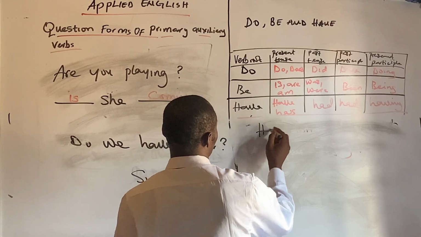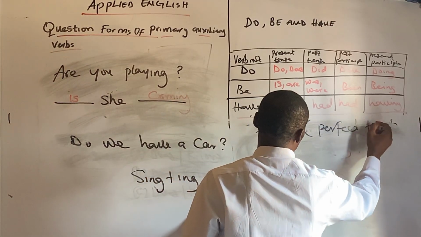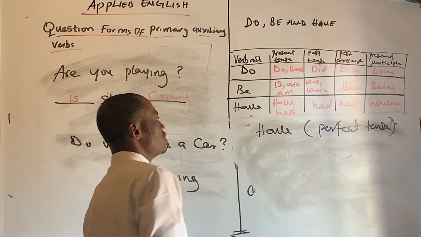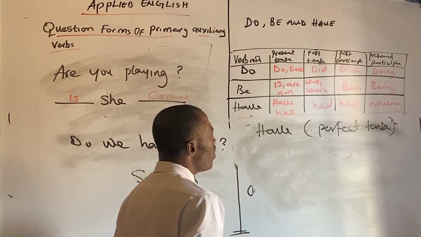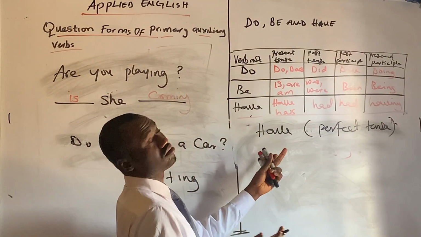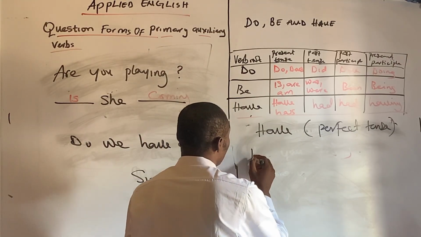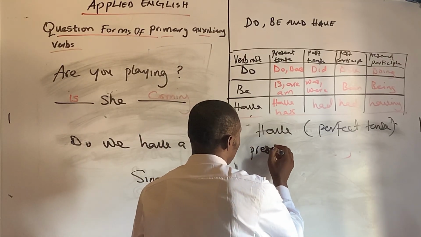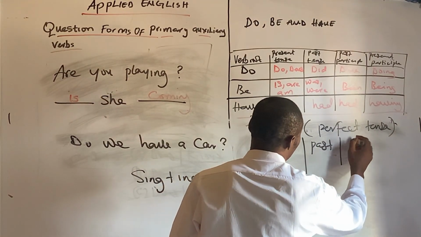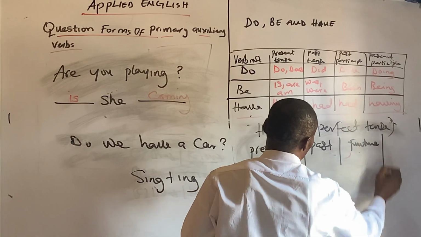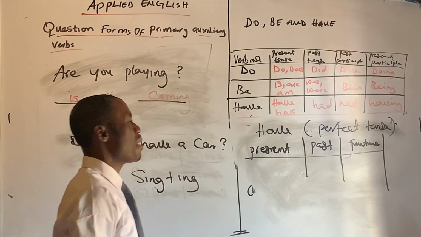And let's go to the final one, which is have. Have is used in its perfect tense. Let's explain what perfect tense is. We have three types of perfect tense: the present, the past, and the future perfect tense.